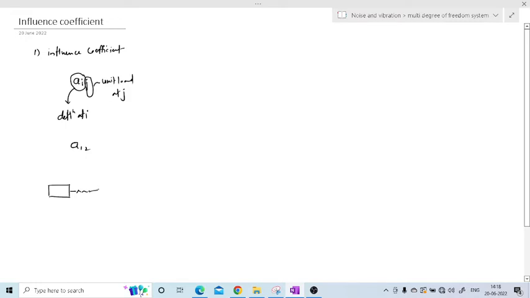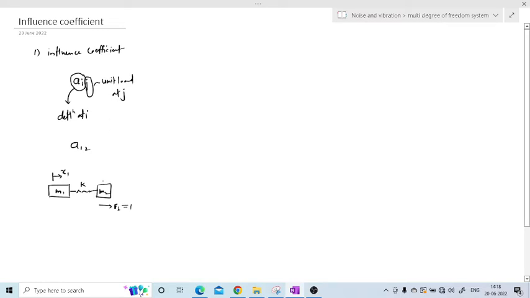Consider a spring mass system with M1 the first mass, M2 the second mass, and K the stiffness. A12 is the deflection at 1, meaning we calculate x1, the deflection of mass 1, but for that we apply the load F2 at 2, and the value of F2 should be unit, that is 1.